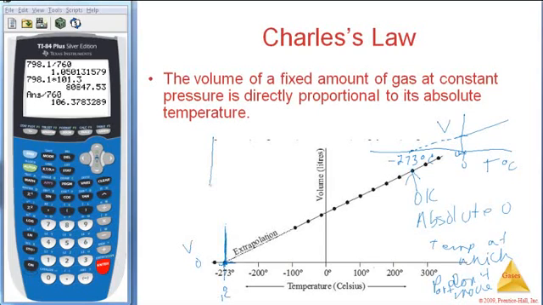So if I plot volume versus temperature in K, I get a line that makes the relationship directly proportional, and it goes through 0, 0. So if I double my temperature in K, I double volume. We don't have that same relationship between volume and temperature in C. As I increase temperature in C, I increase volume, but it's not directly proportional.